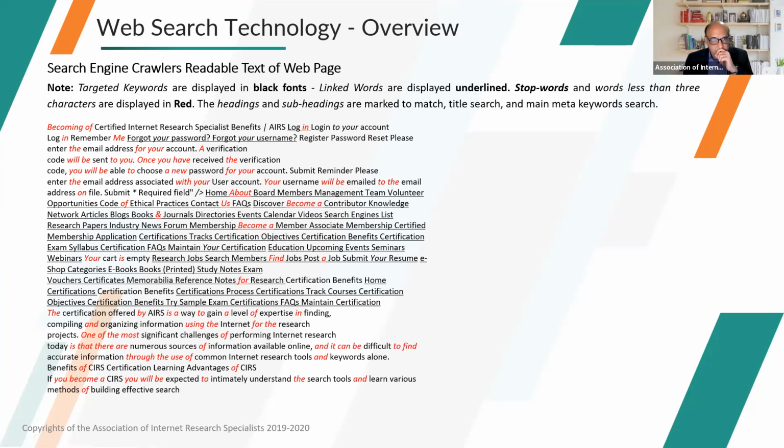But what are the other words? Now, let's look at the ones that are underlined. The underlined ones are another set or sequence of words that have a certain value to the search only because together they would have a different meaning or they can be combined in different ways. For example, board members, management team, volunteer. So board members could be two words that the search might think of as having meaning together.